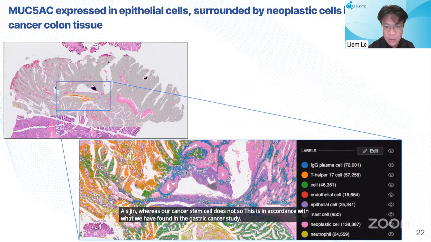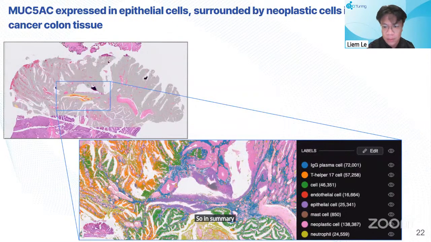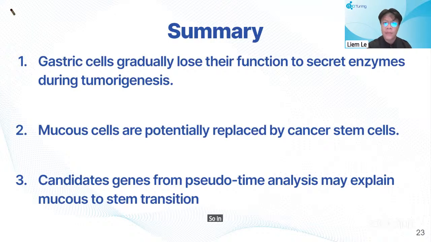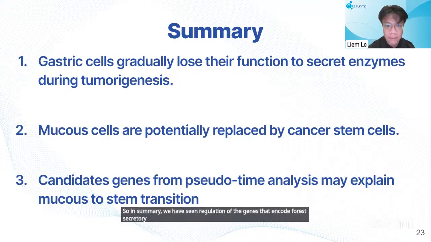So in summary, we have seen a downregulation of the genes that encode for secretory products, and we believe the cells that release these substances have been altered, and we propose a hypothesis that the mucus cells in our gastric pits have been replaced by cancer stem cells.